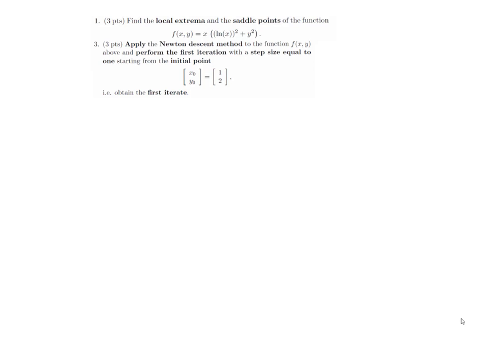Then in the third question we ask to apply Newton's descent method for this function and to perform the first iteration with a step size equal to 1 starting from the initial point (1, 2). So again, as usual, try to do this by yourself first and push the pause button.